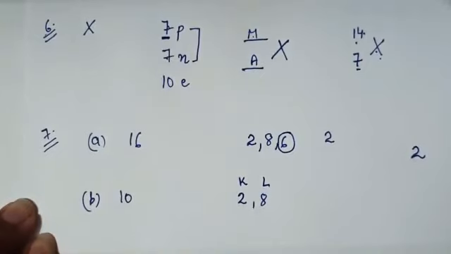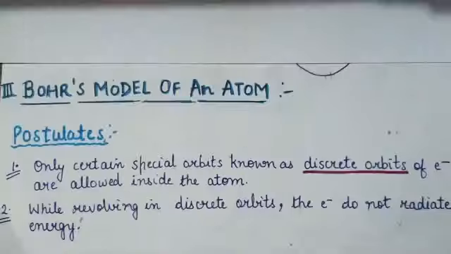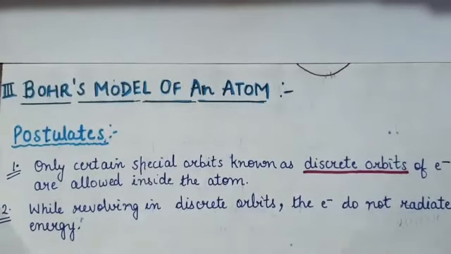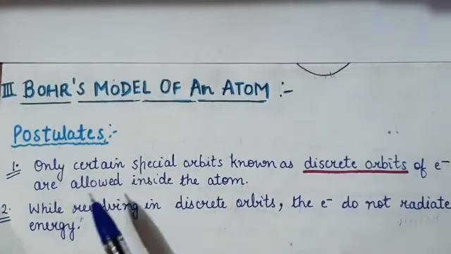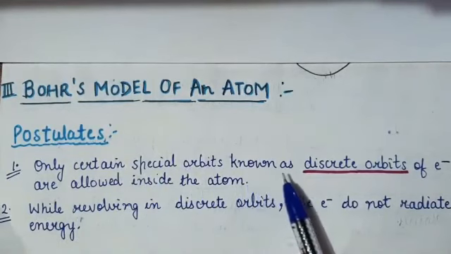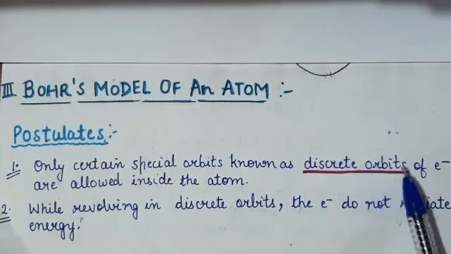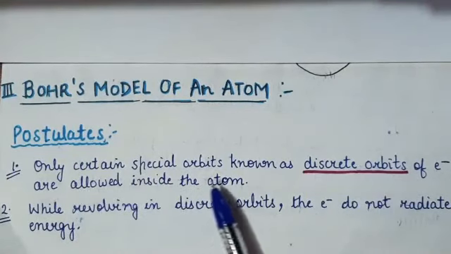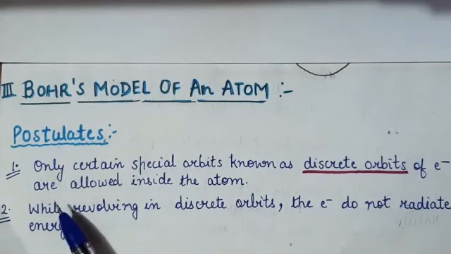Describe Bohr's model of an atom. So you have to describe, you have to write the postulates. Along with the postulates, draw the diagram also. So what are the postulates? Number 1. Only certain spatial orbits known as discrete orbits of electrons are allowed inside the atom. Number 2.